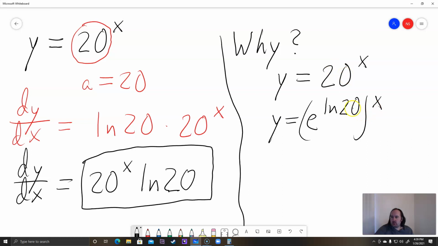Okay, and then here, what do you do if you're raising an exponential to a power? You just multiply the exponents. Okay, so what we actually have here is y equals e to the x ln of 20. Okay, I can write it like that because we're just multiplying these exponents here.